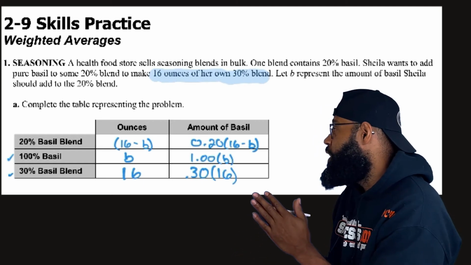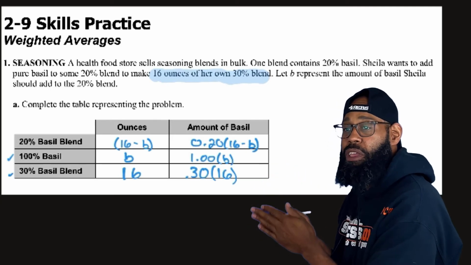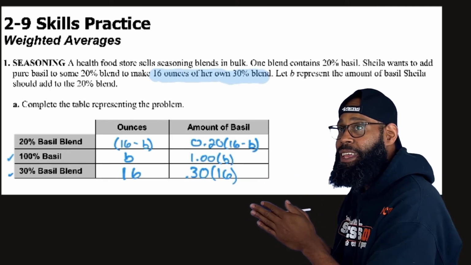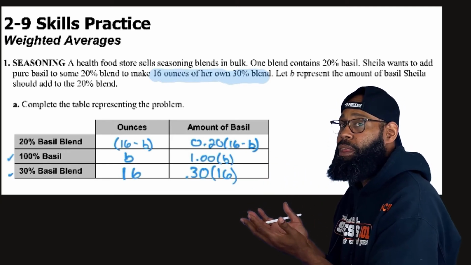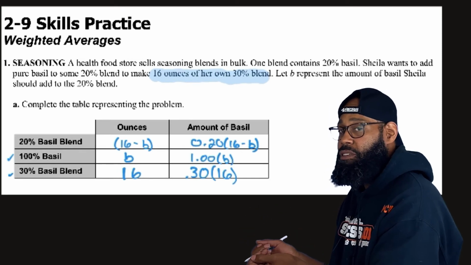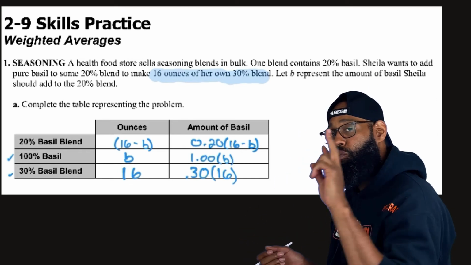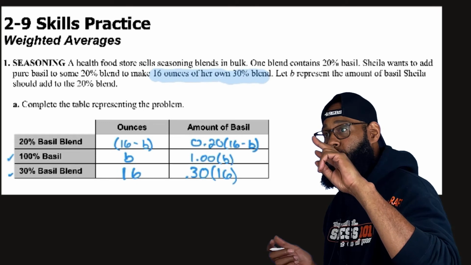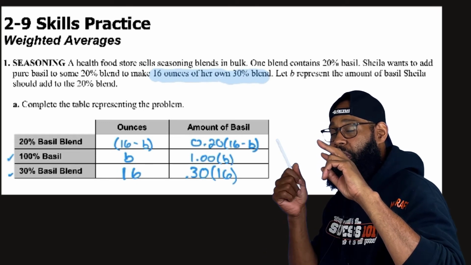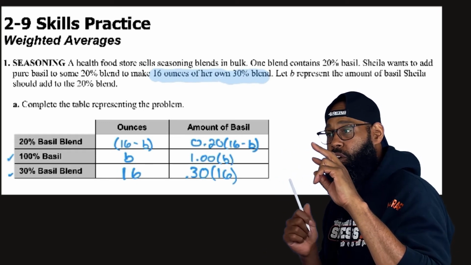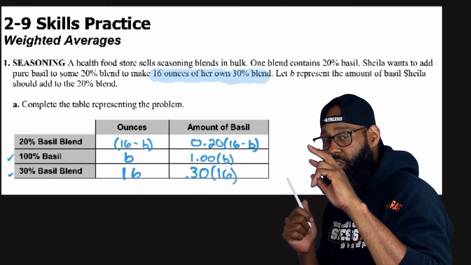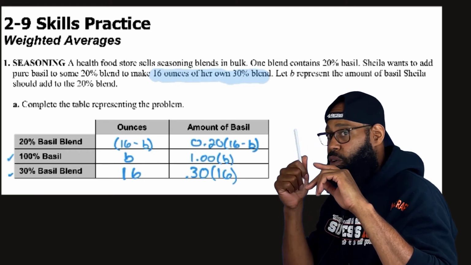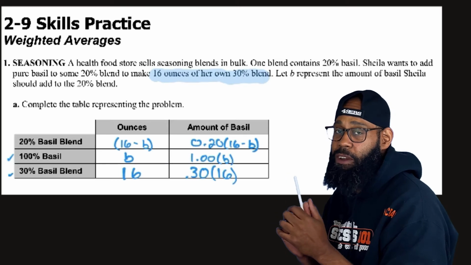So again, that second column, I literally got by just understanding what's happening. I want to get a total of 16 ounces. I'm using 2 ingredients. So, all right, am I using 8 ounces and 8 ounces? Or am I using 10 ounces and 6 ounces? Am I using 12 ounces and 4 ounces? That's what we're figuring out.